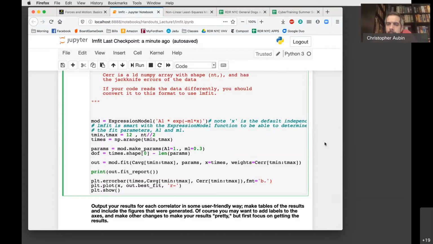Let's see. Please check your model function and/or set boundaries. Okay. All right. Oh, weird. That's very strange. So also, Travis, did you make the changes that we were just talking about in terms of changing times?